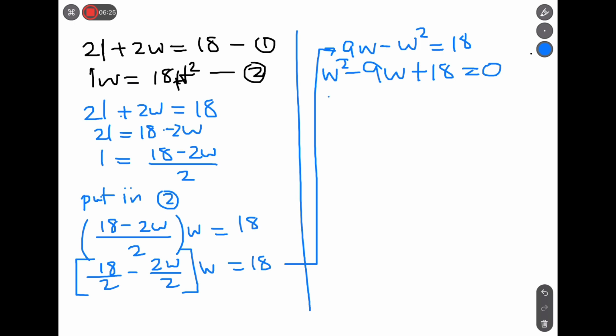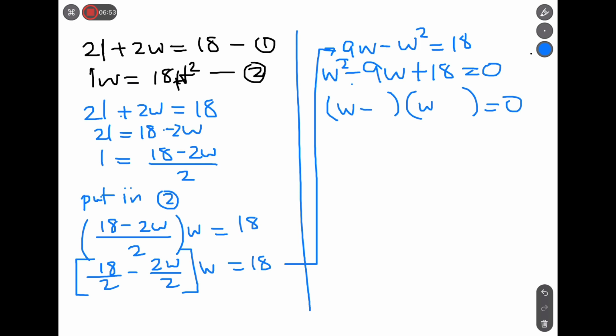So now we can try to simplify and find the two values of W. We know that the two values when added must equal minus 9, but when multiplied give you a positive 18. What two values when added together give you minus 9, but when multiplied give you a positive 18?